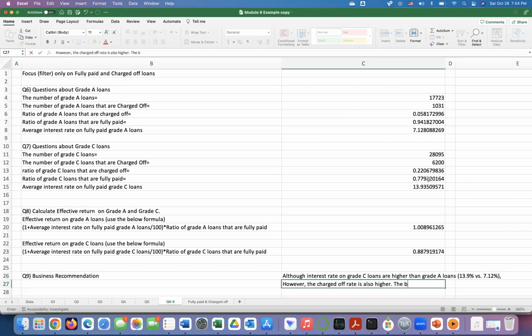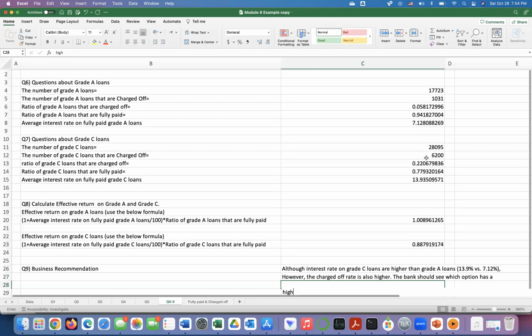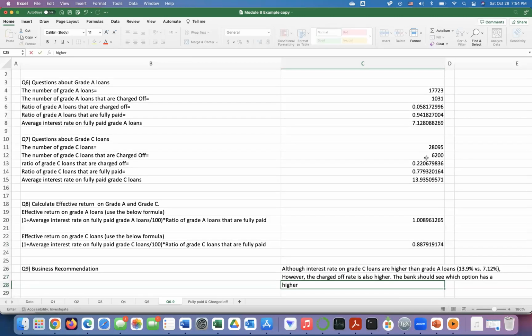The bank should see which option has a higher effective return, which is grade A. It's more than 1, the bank makes a profit.